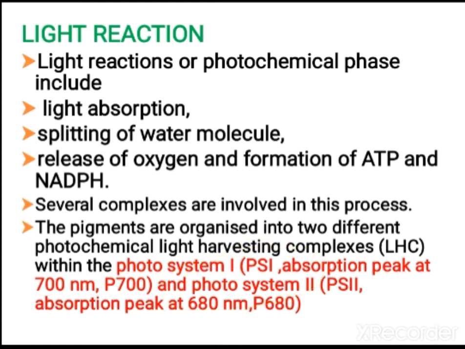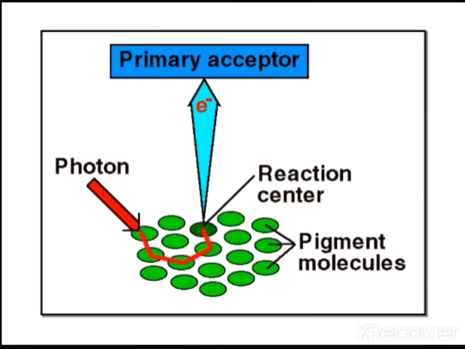Photosystem 1 absorbs the peak of light at 700 nanometer, and photosystem 2 at 680 nanometer. That is P680, photosystem 2, and P700, photosystem 1. Here is the primary acceptor reaction center, but the surrounding pigment molecules help collect the photon and send it to the reaction center, and later the electron is passed to the primary acceptor.